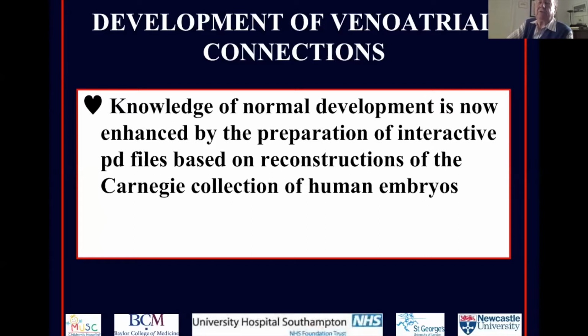The original reconstructions of the Carnegie collection go back a very long time; they were first done in the 1920s. And it was on the basis of these reconstructions that embryologists in the United States, working in what was then the Carnegie Institute, set up this means of categorizing the stages of development of the human heart.